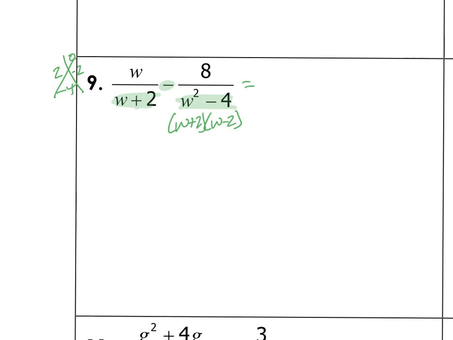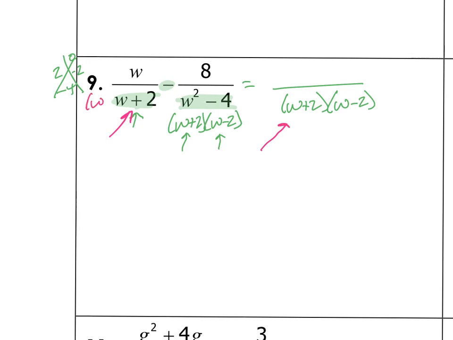So what is my common denominator going to be? Well, in this one, I need a w plus 2. In this one, look, I already have a w plus 2, and I need a w minus 2. So there's my common denominator. Here's my next question. What does this denominator need to make it look like this one?